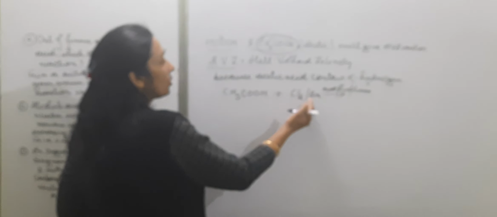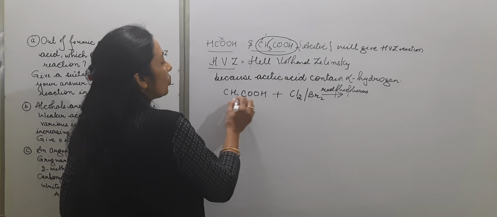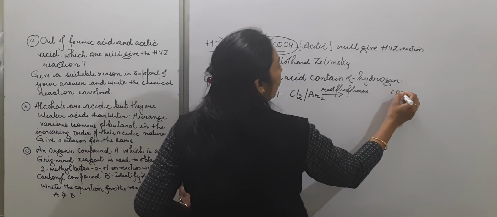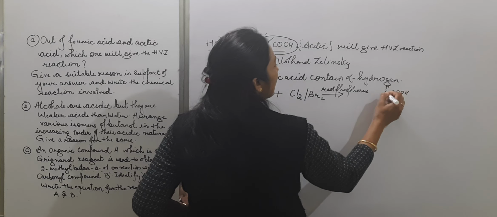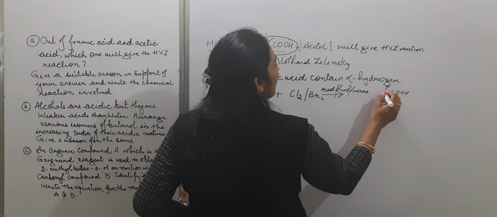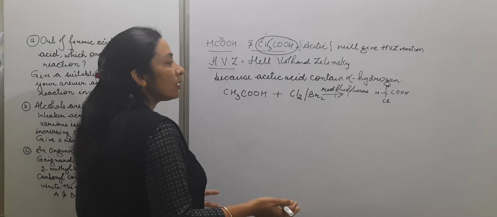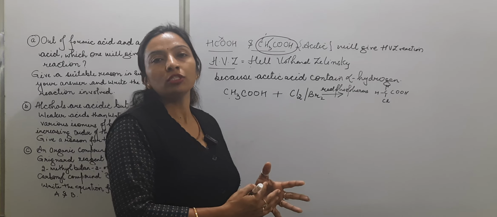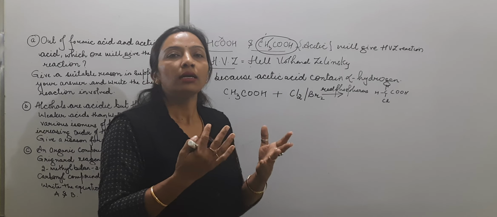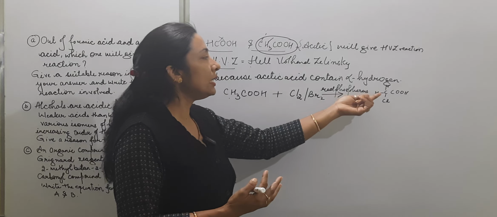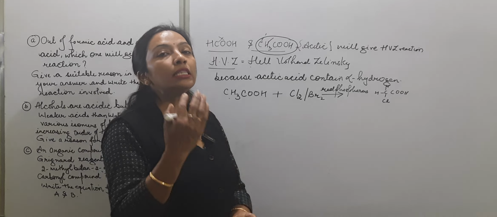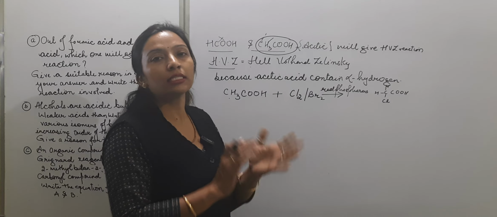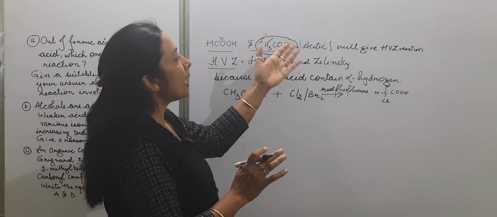This halo group will go to this alpha carbon and we will get COOH and CH, and either we will get a Cl or Br. So the introduction of halo, especially chloro or bromo halogen atom, at the alpha carbon in the presence of red phosphorus is known as HVZ, and this will be given by the acetic acid.